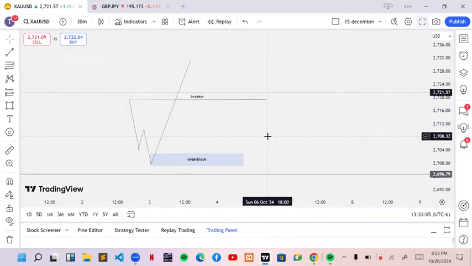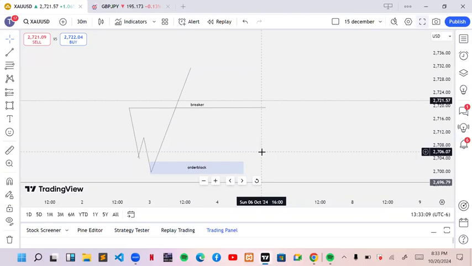Now, knowing when to use a breaker block or when to use the other block: use a breaker block when the first pullback that market makes did not mitigate that breaker block.